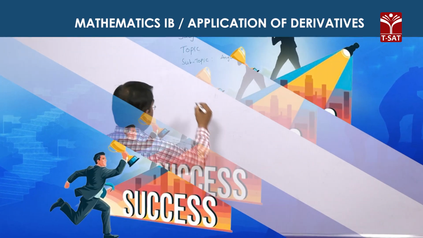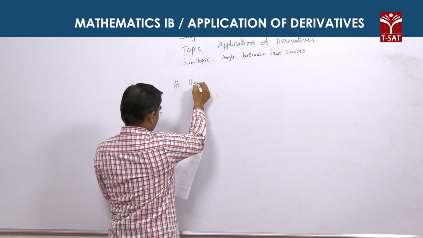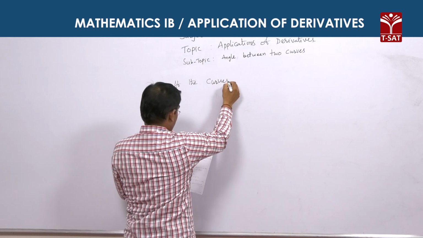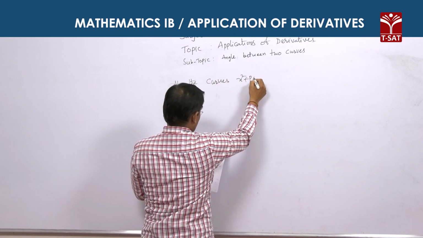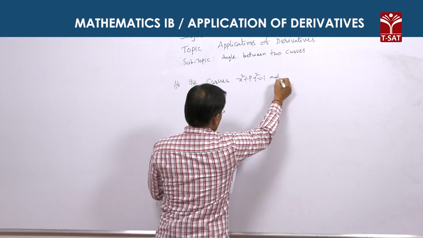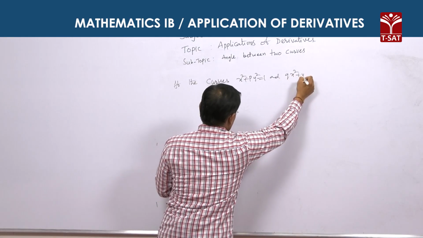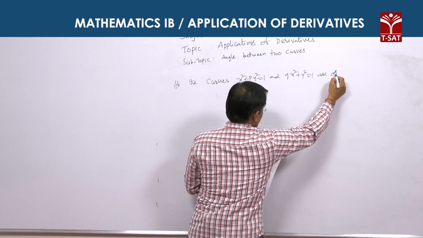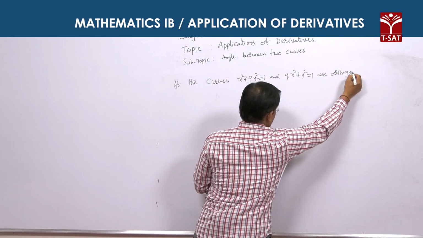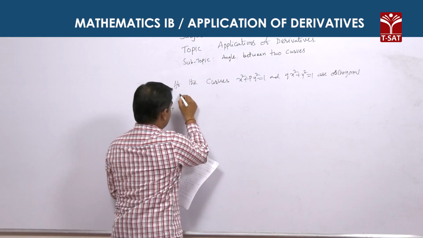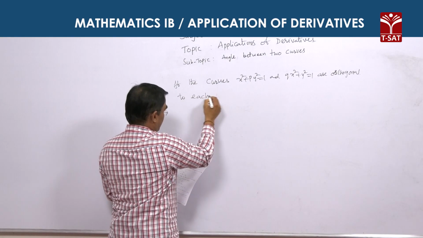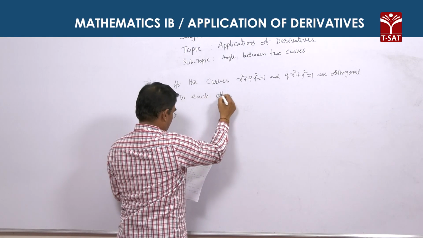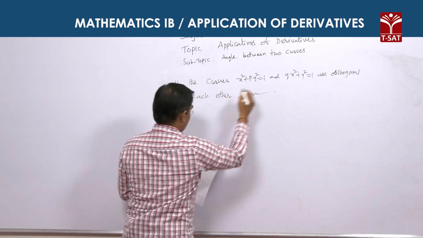Next question: if the curves x square plus p y square is equal to 1 and q x square plus y square is equal to 1 are orthogonal to each other, then what is the condition?